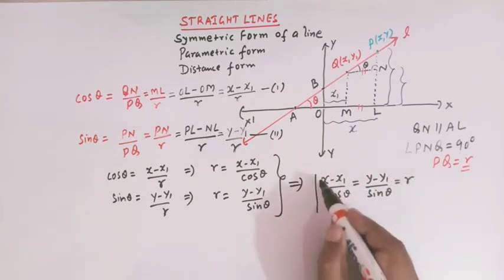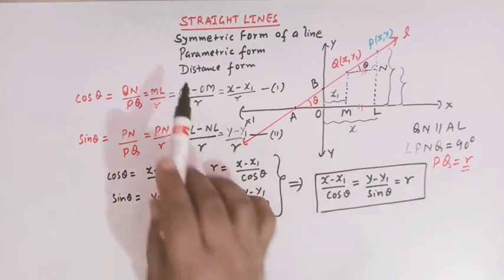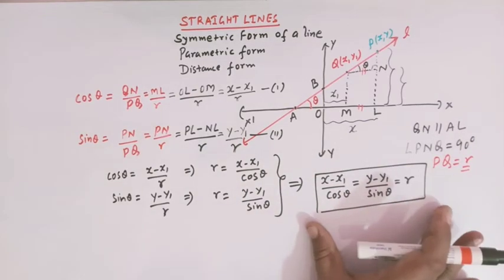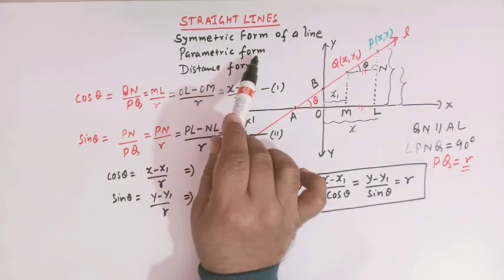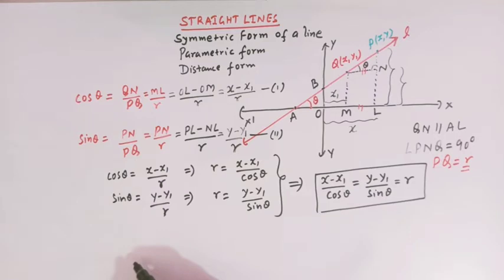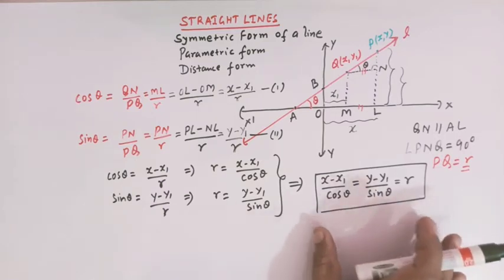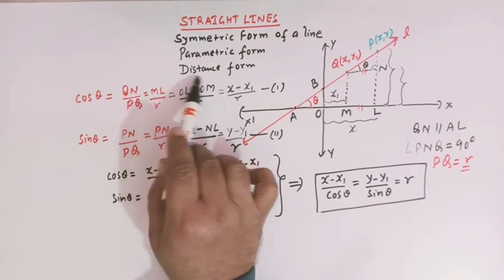So viewers, this form of the equation of the line is known as the symmetric form of a line, right? And this form is also known as the parametric form of the line, or the distance form of the line, and we'll see in just a moment why it is known as the distance form.